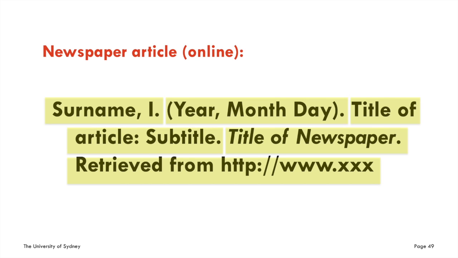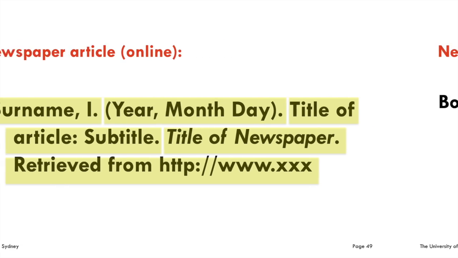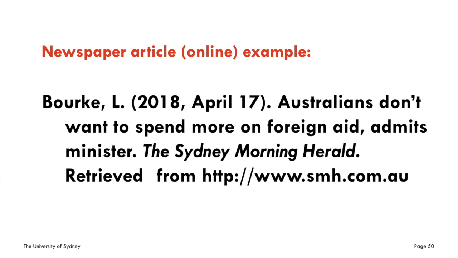The reason you're including the homepage of the newspaper is because sometimes the URLs change for these newspaper articles. So it's better to help your reader navigate towards the article itself by providing the title of the article and the title of the newspaper. Here's a worked example of a newspaper article. Burke is the journalist, then we've got the year and date of publication, the title of the article, and then in italics the Sydney Morning Herald, followed by its website.